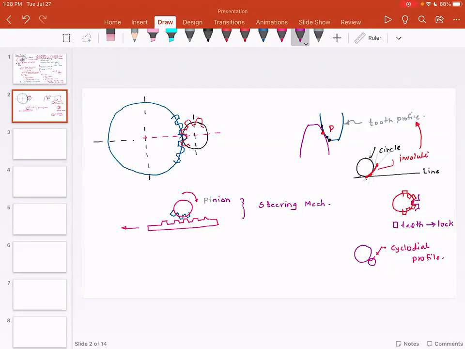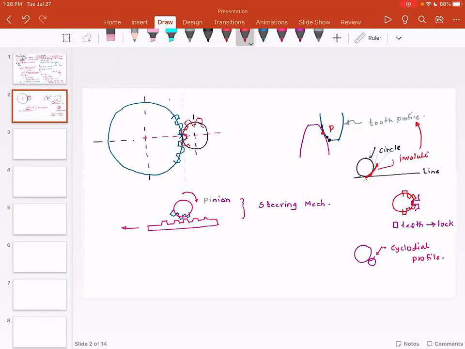The next thing I want to talk about, and this is an important point, since this point of contact is, even though it is at line of center, the force transmission is not perpendicular to the line of centers. So in the friction wheels, we saw that force is transmitted along the line which is perpendicular. But in the case of gears, the force makes an angle.